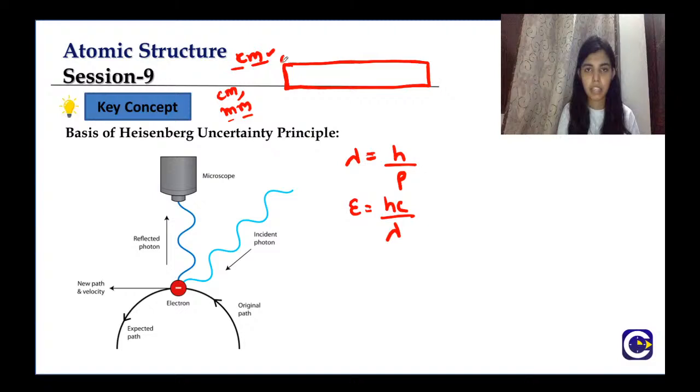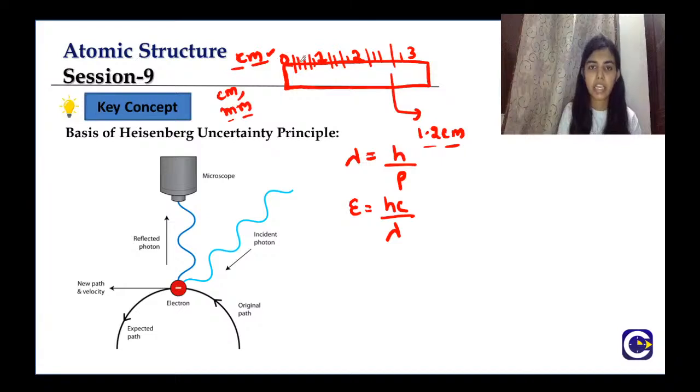For example, this is 0, then this will be 1, this will be 2, this will be 3, and in between you are having the partitions, right? So for example, if I am measuring the length of a certain thing as 1.2 centimeter, basically a smaller unit than that of centimeter is required to accurately measure that thing.